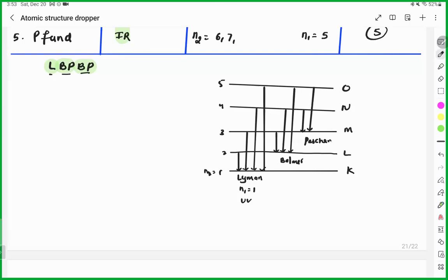Let me ask a question from yesterday's topic. Chandana, what will be the energy when this value is 1? I will write it properly. Here you have 1, this is 2, this is 3, this is 4, this one is 5.